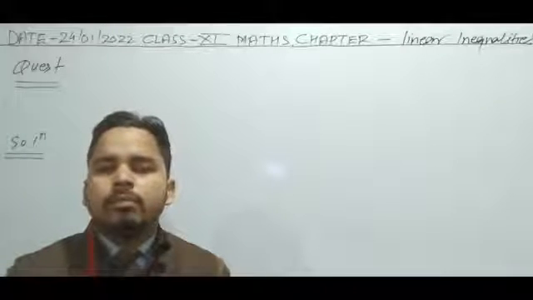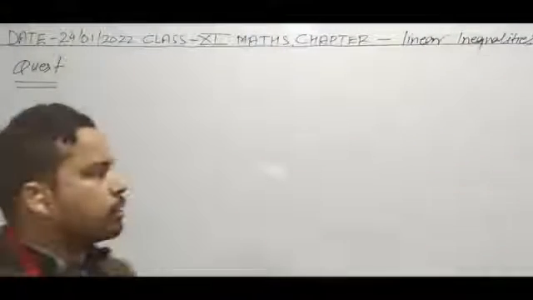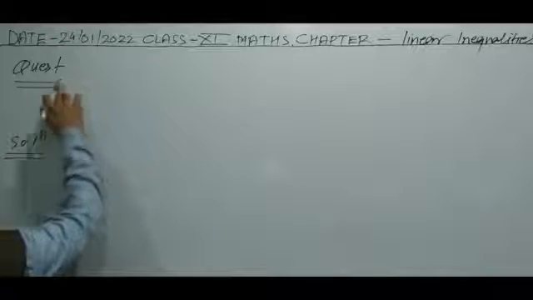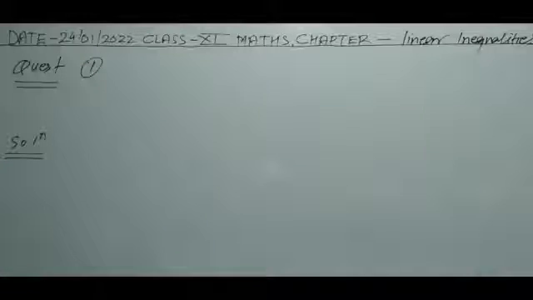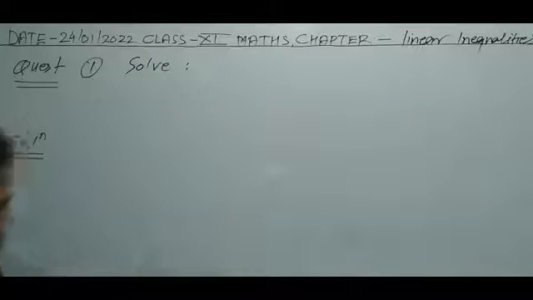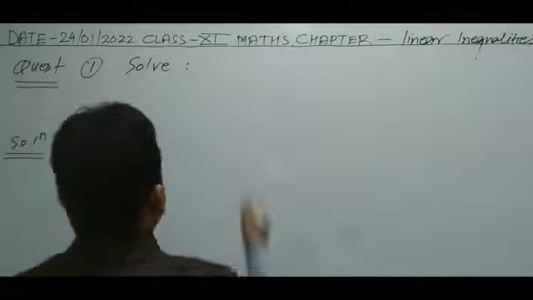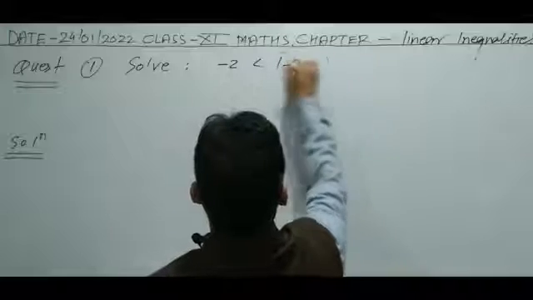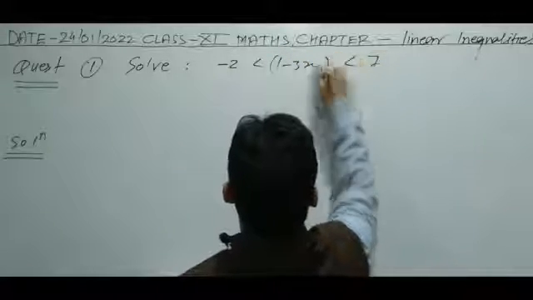Today I will discuss some questions related to linear inequalities. So now class, question number 1 is: solve -2 is lesser than 1 minus 3x is lesser than 7.